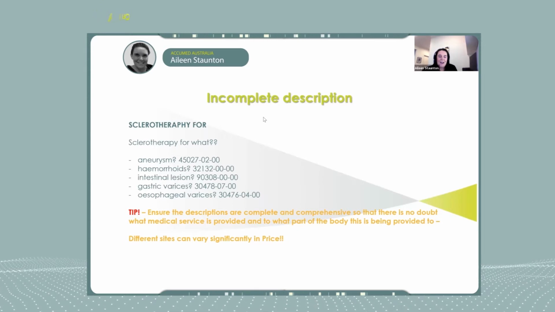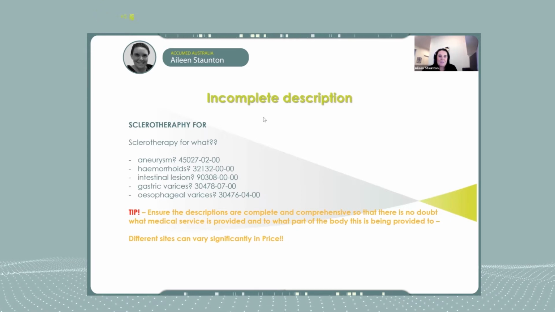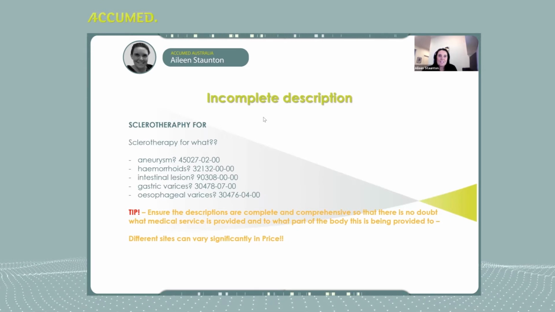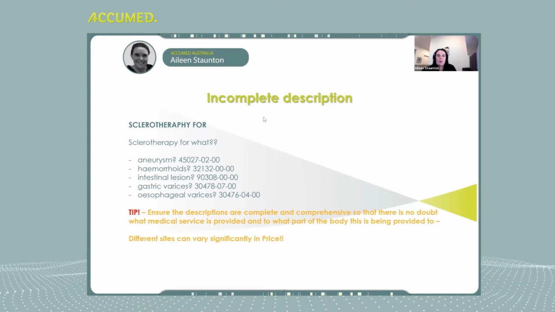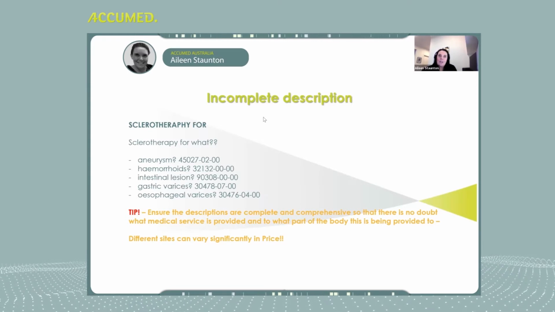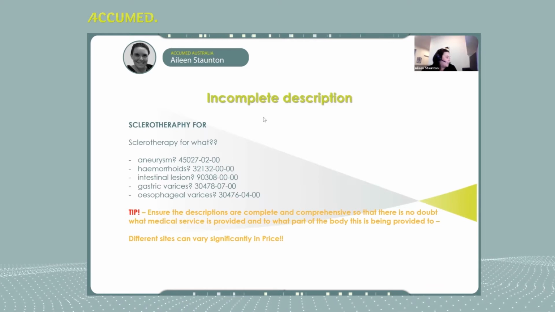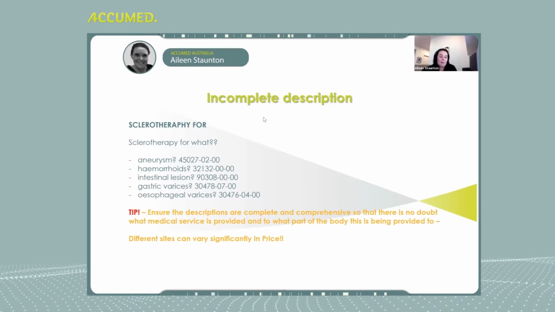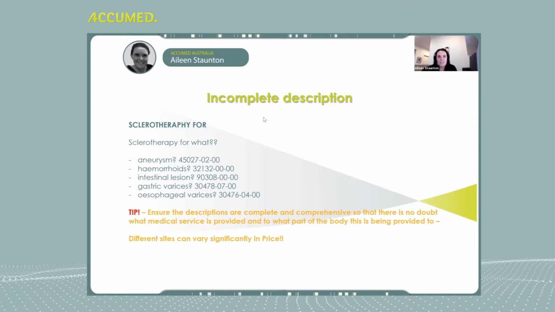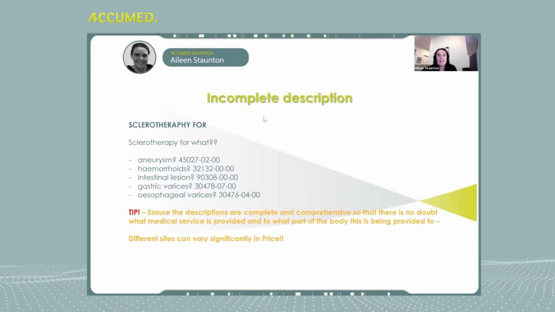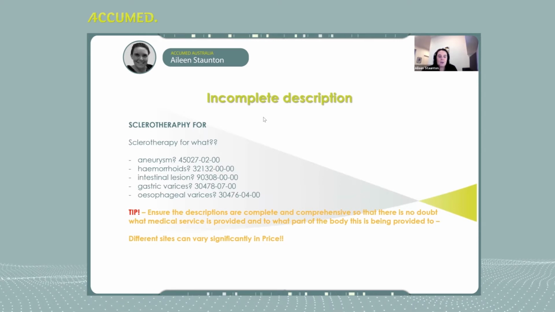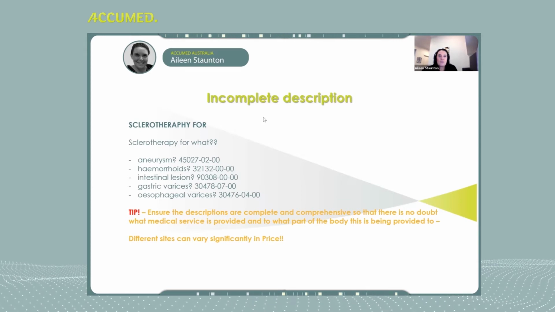It's really important, before you start the mapping process, that you look at your price list and ensure that you've started the cleanup. There are a few things to remember.